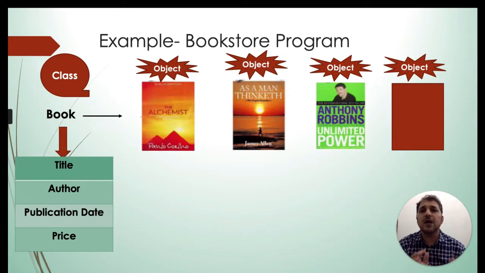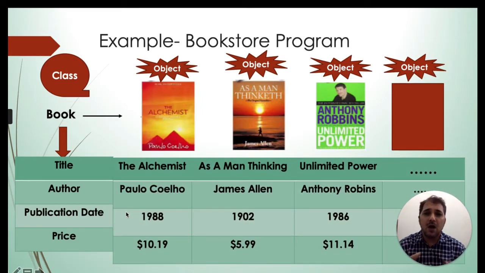You will think, how can I briefly represent any object of type book. The brief description of each book is like this: a title, author, publication date, and price. Now all these objects have these properties: the title, the author name, the publication date, and the price. Each book has these properties.